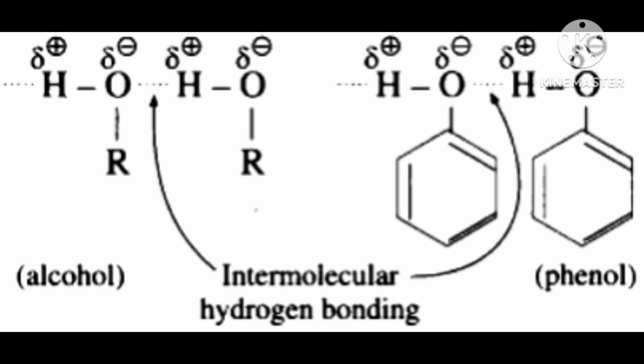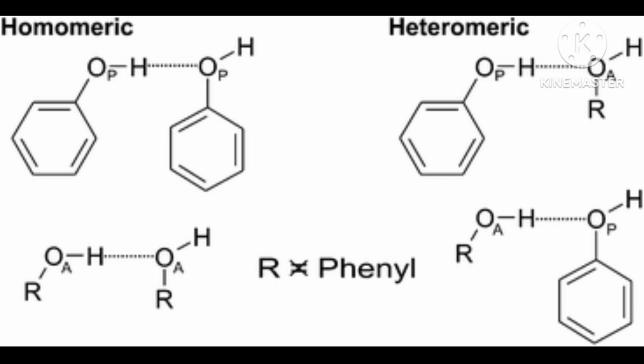The OH group in alcohols and phenols, in the same way phenol also, will join to itself by hydrogen bonding. Correct? Due to this reason they are liquid. Phenol is also liquid and alcohol is also liquid due to this hydrogen bonding.